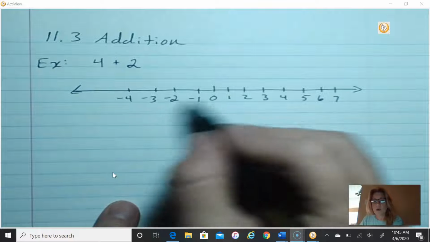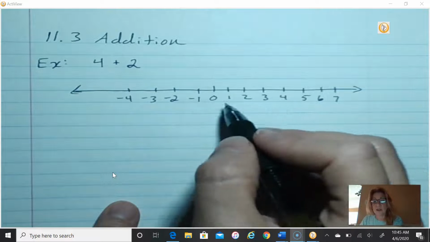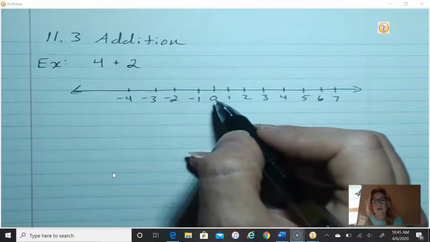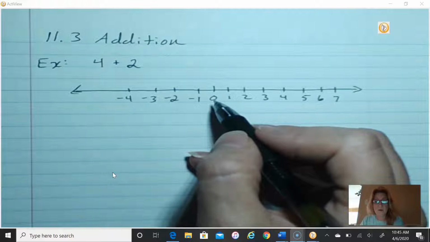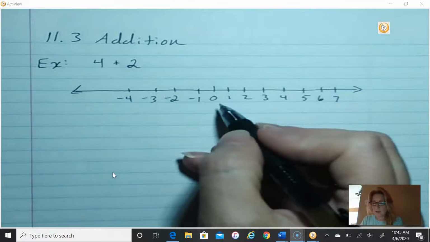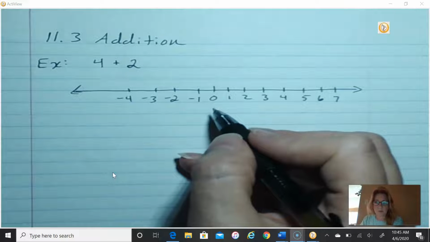Some of you are going to get to the point where you don't need the number line, and next year especially, you're going to have to know this stuff on the fly, okay? This year, if you need to draw a number line for every single problem, so be it, even on the quiz. But for next year, that's going to have to go away. That's kind of like counting on your fingers. You know, we got to start getting away from that.